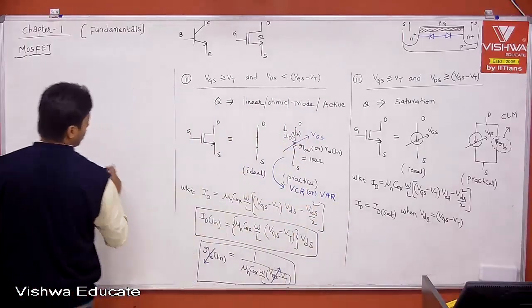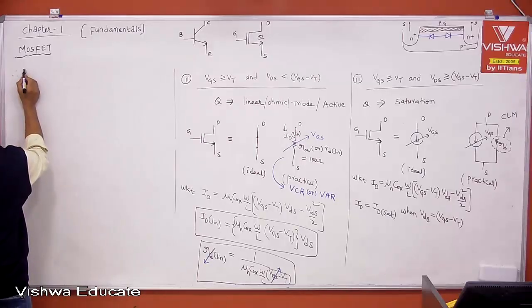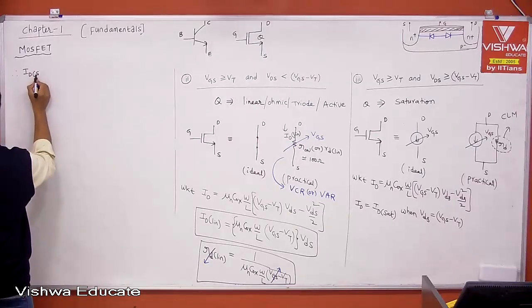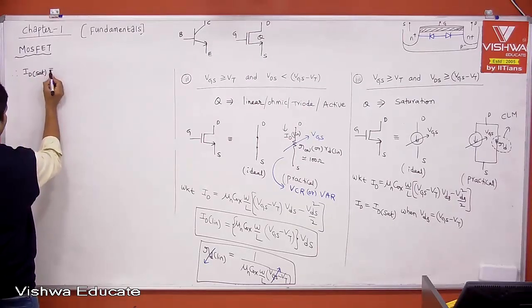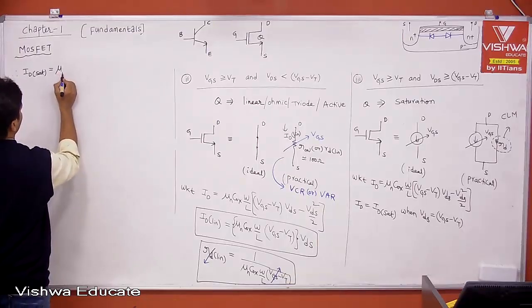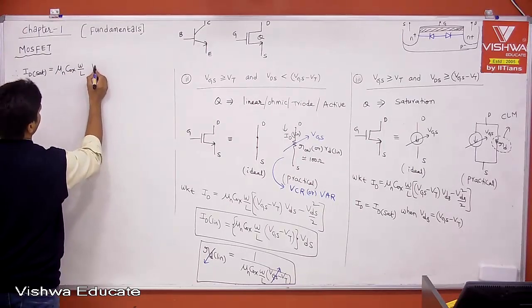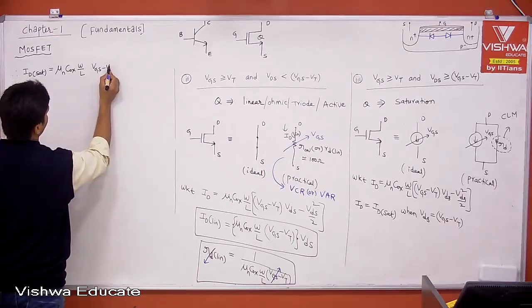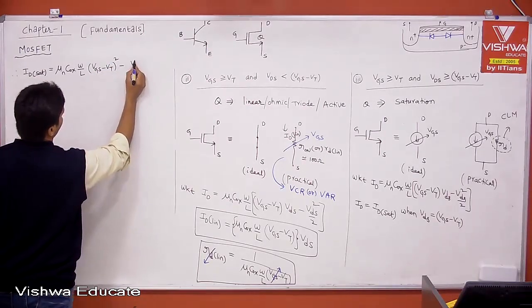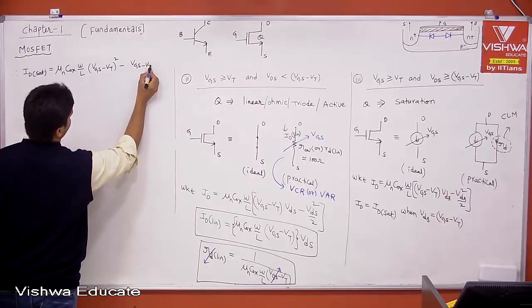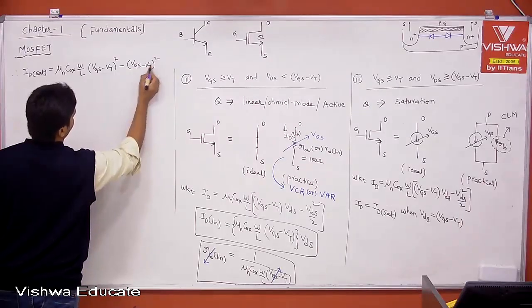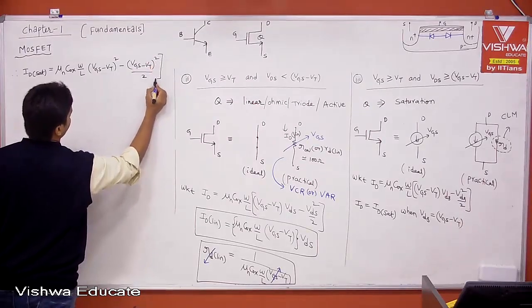Therefore, what is your ID? After substitution, ID sat is equal to mu n Cox W by L into VGS minus VT into VGS minus VT, so you get VGS minus VT whole square minus VGS minus VT, VDS square by 2, which is VGS square by 2.